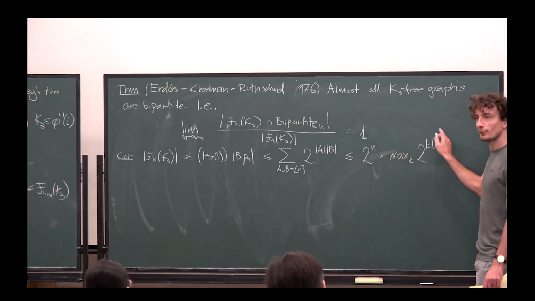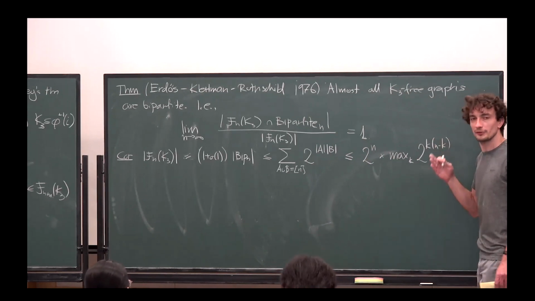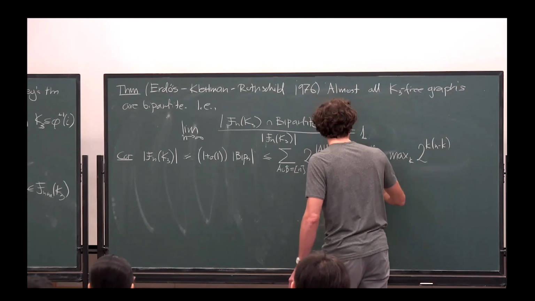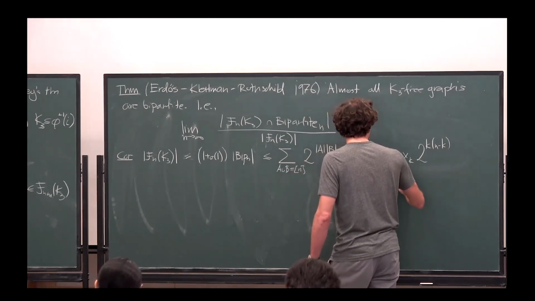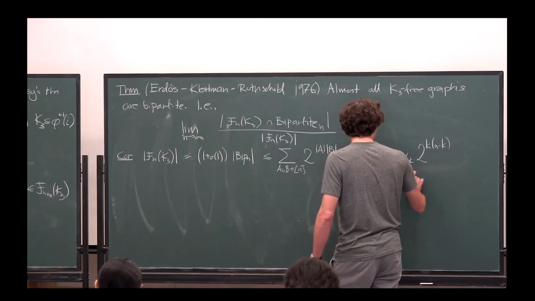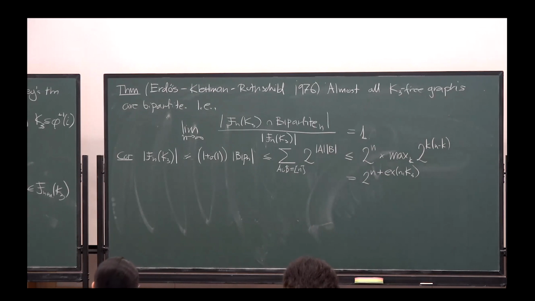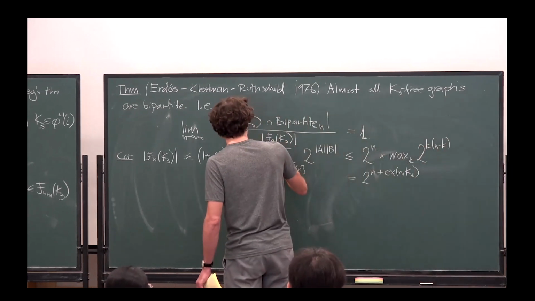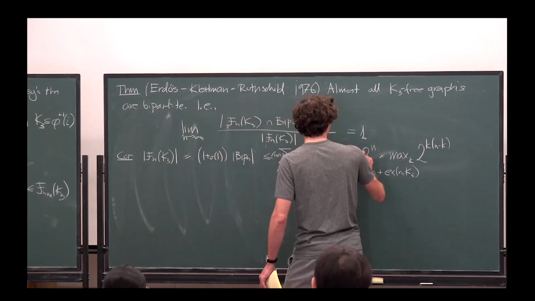And this is probably already familiar because this appeared in the statement of Mantel's theorem. So this is equal to 2^n times 2 to the extremal number for the triangle. I'm sorry, I should have added a 1 plus o(1) everywhere.